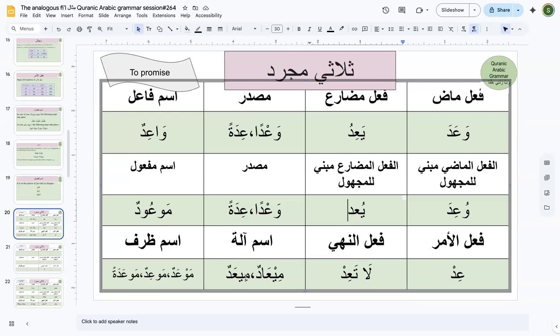Mi'adun, what is happening here? There is a change of waw into ya. Why so? We have covered this rule of waw and ya before. Because the letter before had a kasra, waw gets changed into ya because it is more compatible.